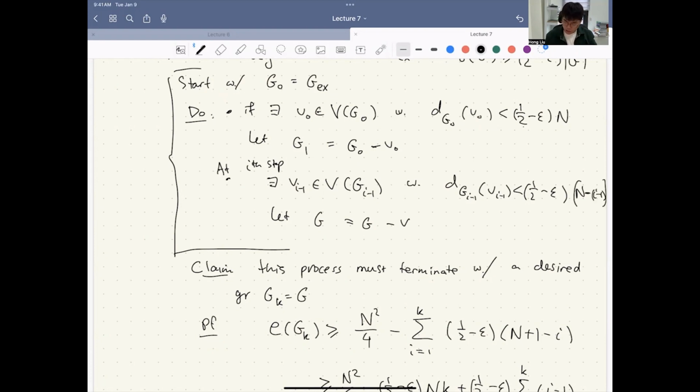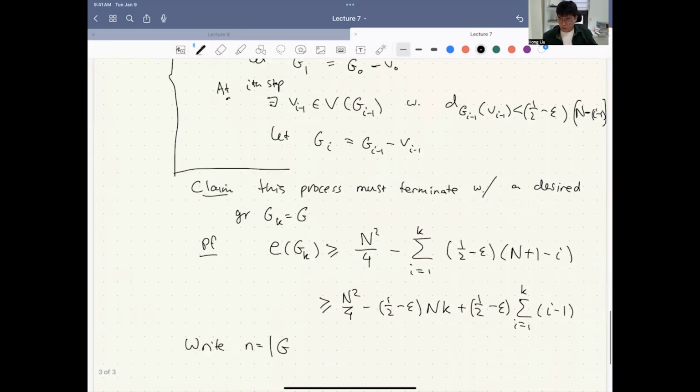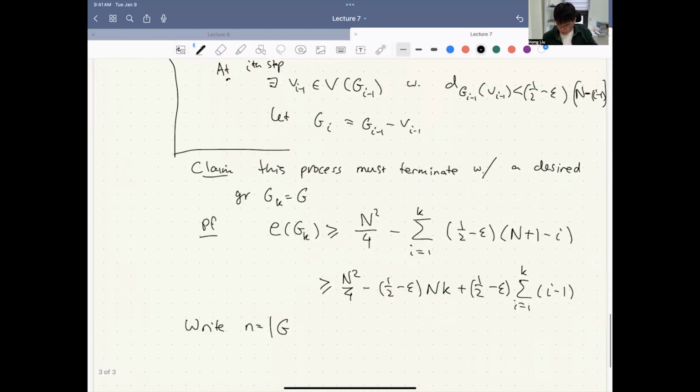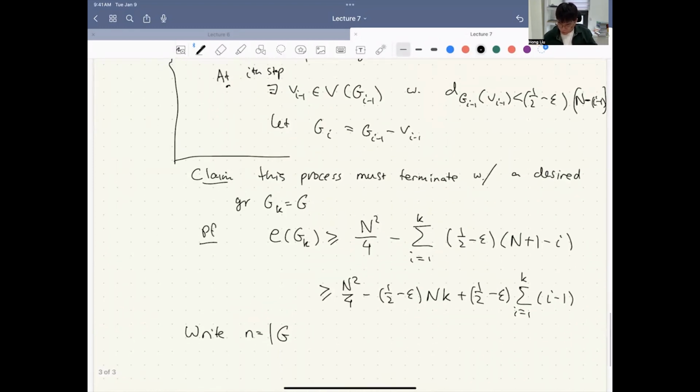Okay, please check. Then we let G_i be G_{i-1} minus V_{i-1}. After this relabeling, what I've written now should be correct.